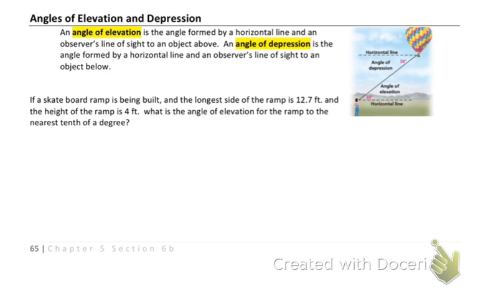All right, so once again, I just give a little brief explanation of angle of elevation and depression. The next problem has a very complicated kind of twist to it. It's kind of a jerky thing, and it wouldn't happen on a test or homework, but I just want to go over it really quick. It says if a skateboard ramp is being built and the longest side of the ramp is 12.7. Your natural instinct would say that's the hypotenuse, right?